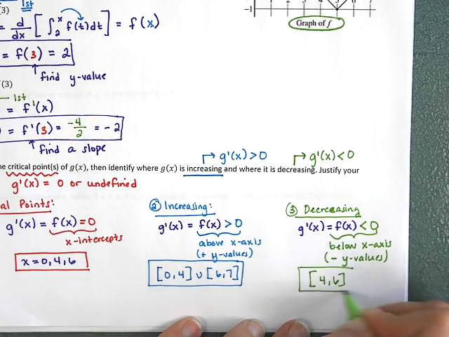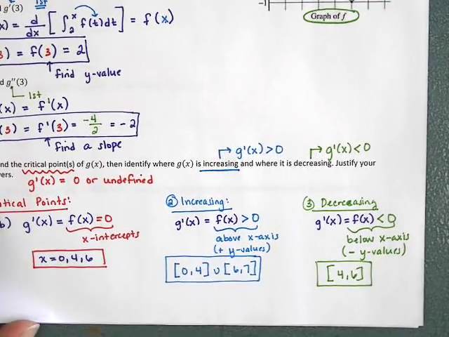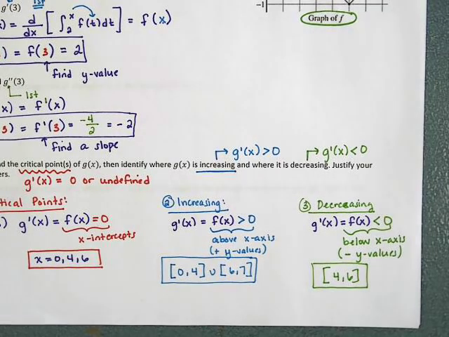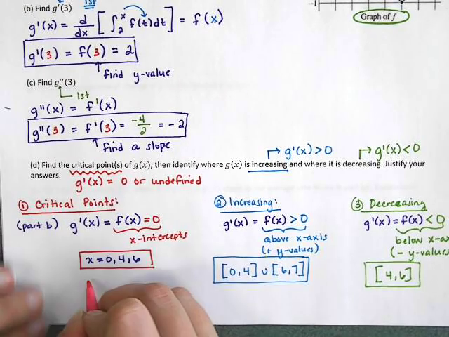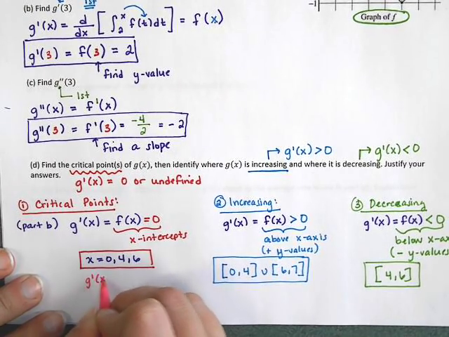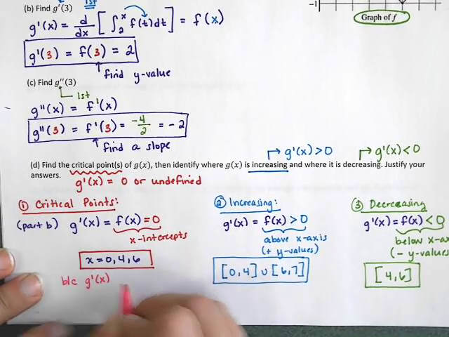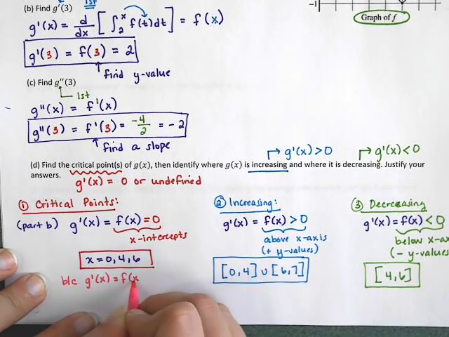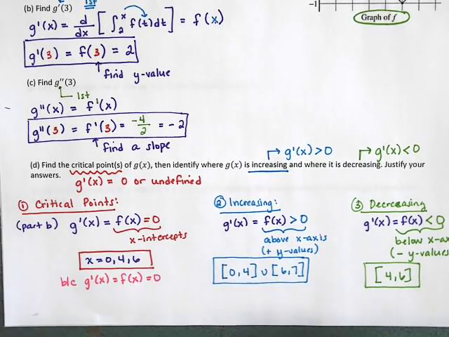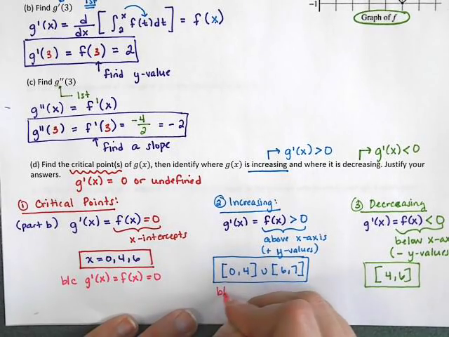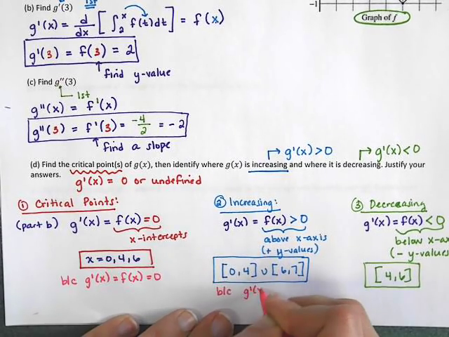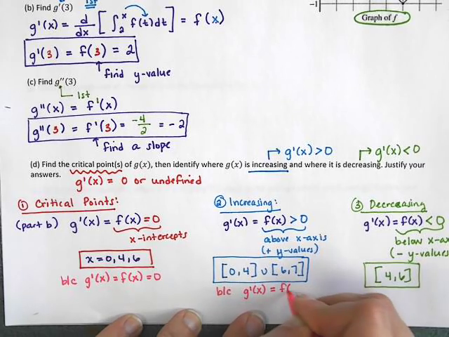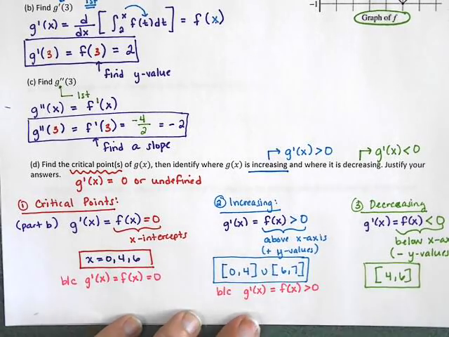The last part of the question says, make sure you justify your answers. So to justify our answers, we just have to say why this works. So you would say these are the critical points because g prime of x, which is equal to f of x, is equal to 0. For increasing, you would say because g prime of x, which is equal to f of x, is greater than 0.